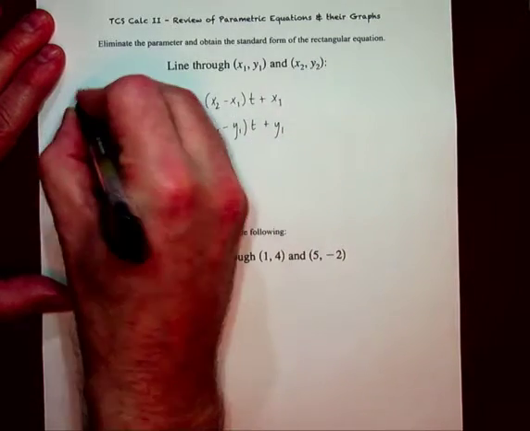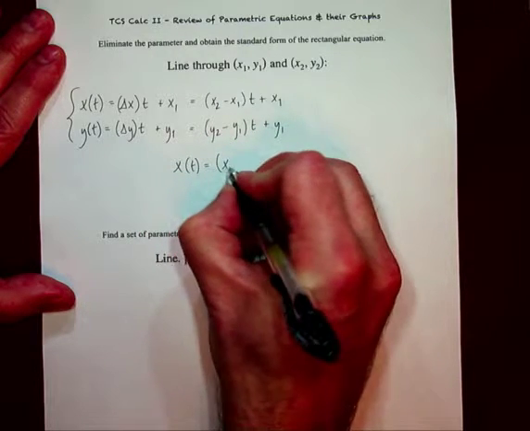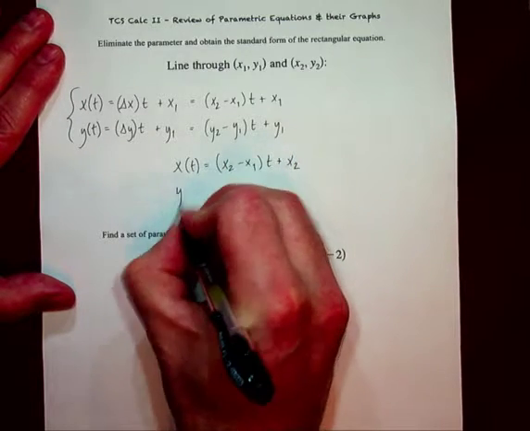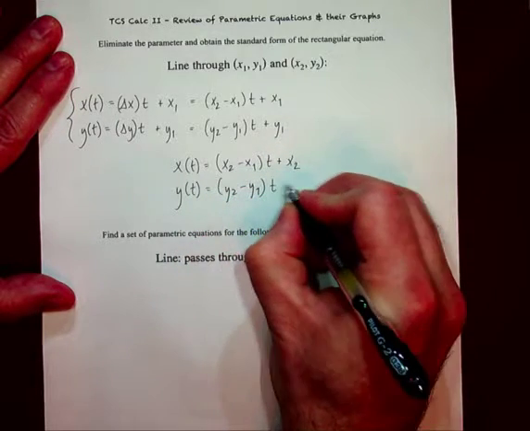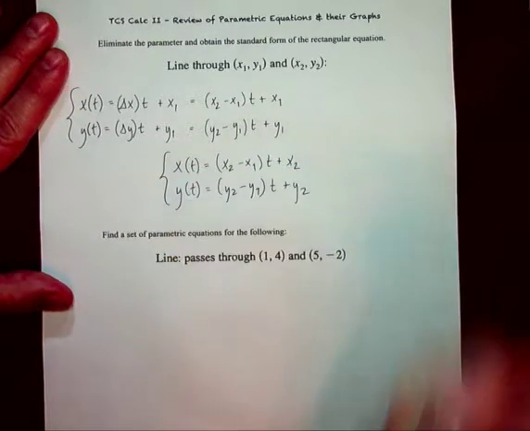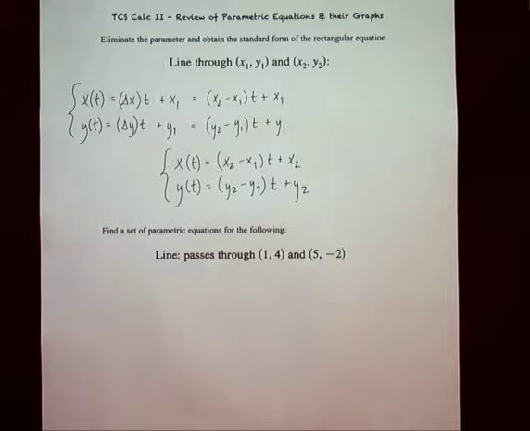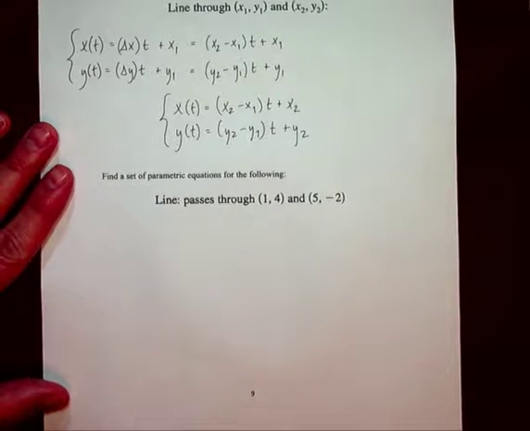It could have just as easily been x of t is equal to x2 minus x1 t plus x2, and y of t is equal to y2 minus y1 t plus y2, and those would have both been legitimate ways to basically formulate parametric equations for 2 points and a line that connects them. And you're like, okay, well, that's really abstract and a whole lot of notation. Let's actually do something with numbers.